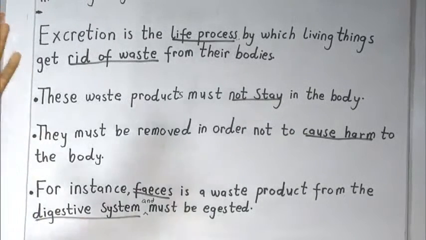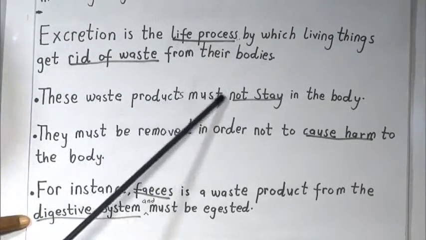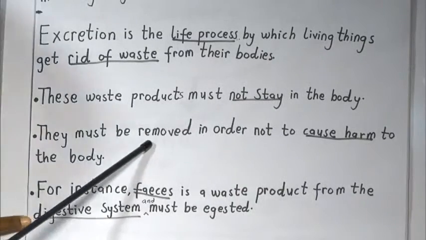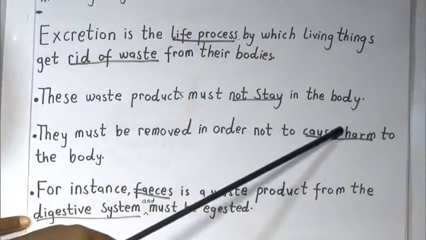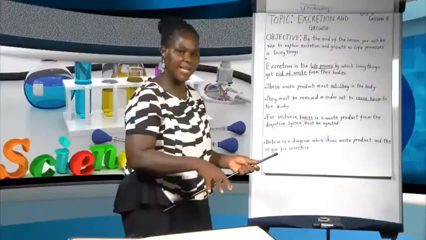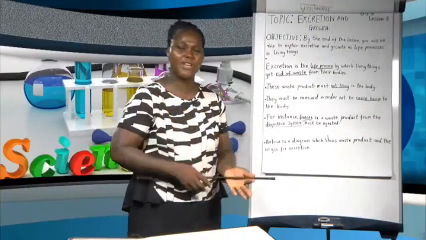Why is it that we have to get rid of the waste from our bodies? Because these waste products must not stay in the body. They must be removed in order not to cause harm to the body. They are waste, so they have to come out.